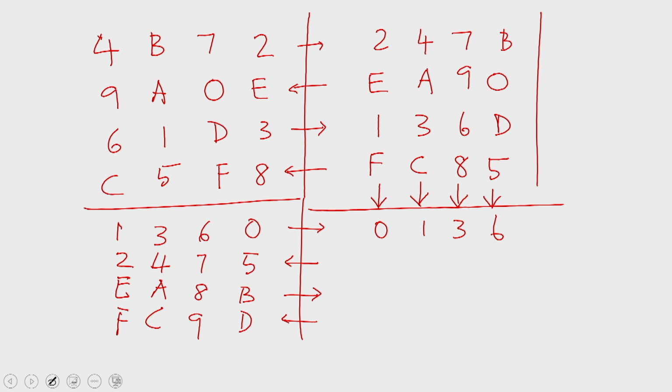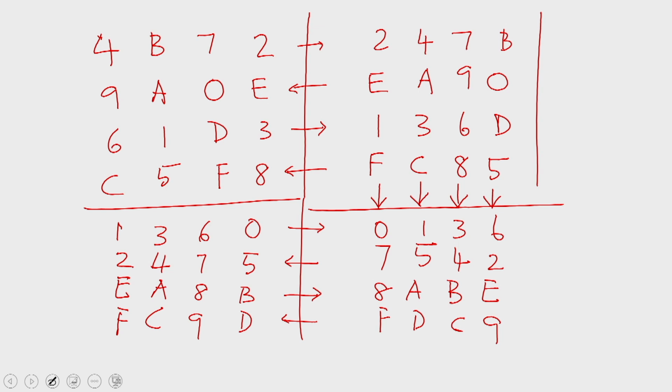The second row is sorted from right to left. The second row will contain 2, 4, 5 and 7. The third row is sorted from left to right again. So, the third row will contain 8, A, B and E. The fourth row is sorted from right to left. So, it will contain 9, C, D and F.